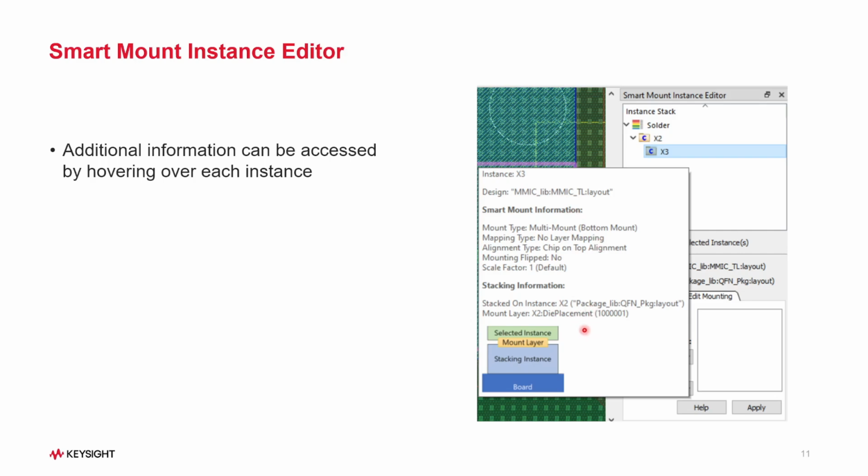For example, x3 is stacked on x2, and it shows you the information on this instance and also on the mount layer. In this case, x3, the Smart Mount cell, is mounted on the base cell x2, and this is the physical arrangement shown pictorially.